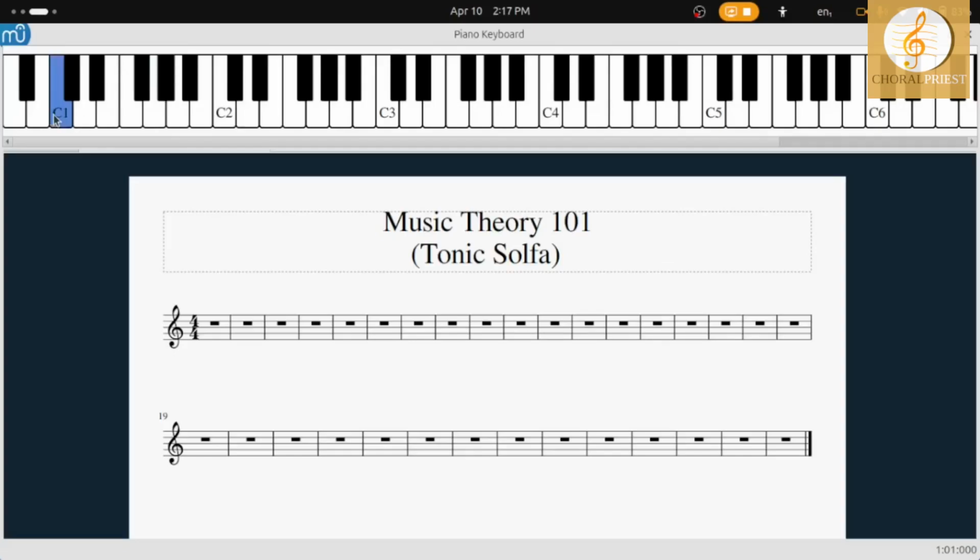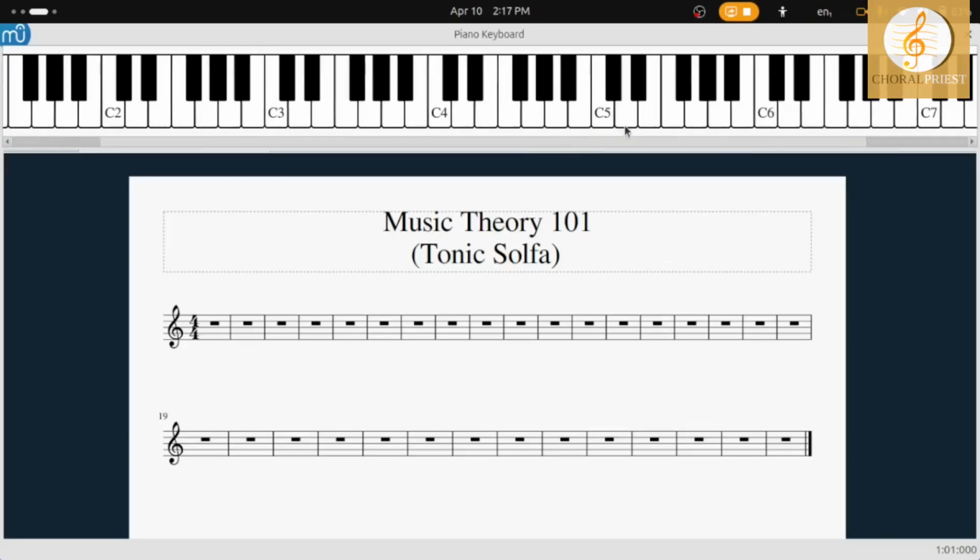So from this C to this C gives you one octave. From this C to this C gives you another octave. From this C to this C gives you yet another octave. Now this C here, C4, we call the middle C on our piano keyboard.